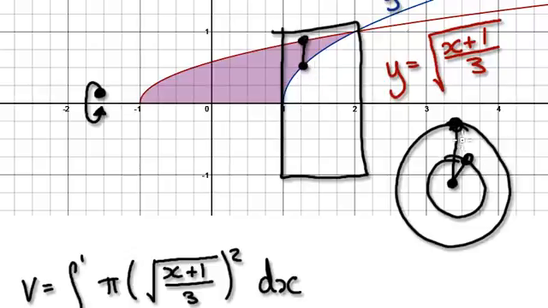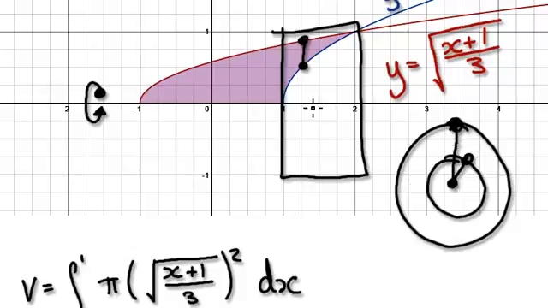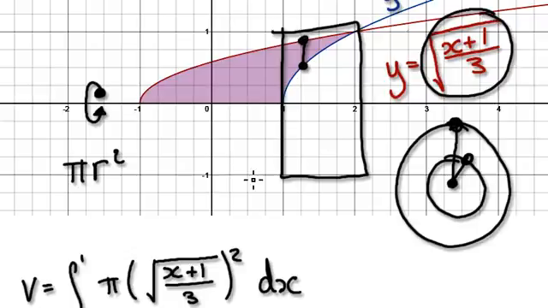We need to work out the area of the big circle. So the area of the big circle would be pi r squared, where the big circle is you looking at the red line, and then you take away pi r squared of the small circle.